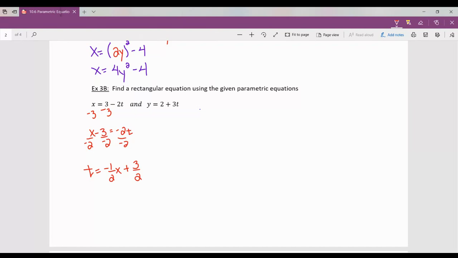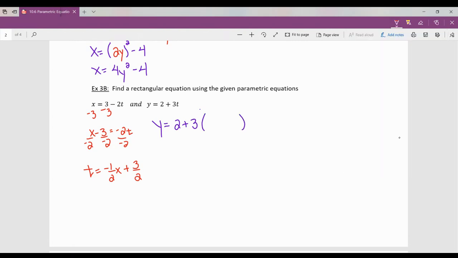Now I have what t is equal to, so I can plug it into my other equation. We go to the opposite equation, y equals 2 plus 3t.